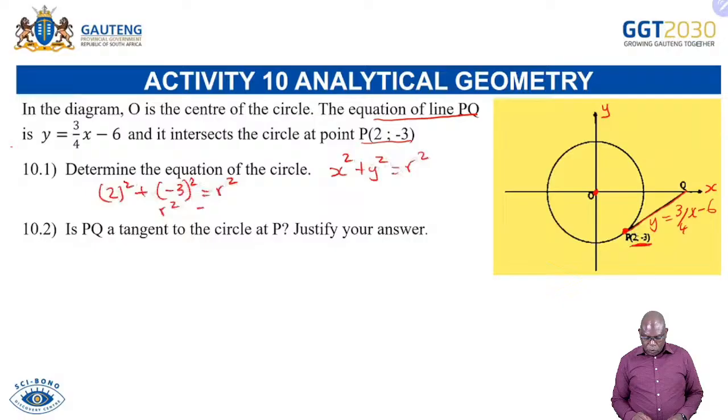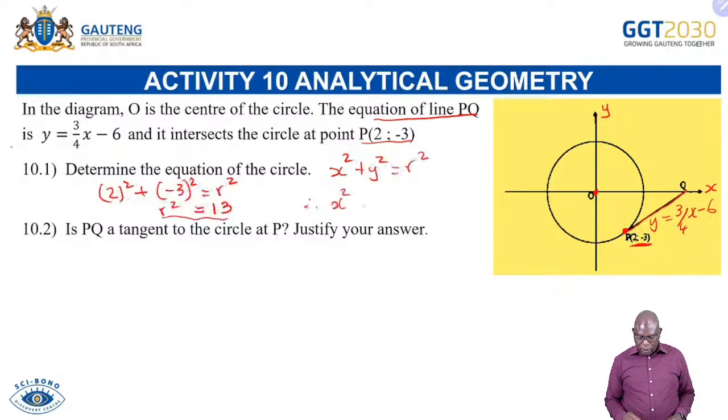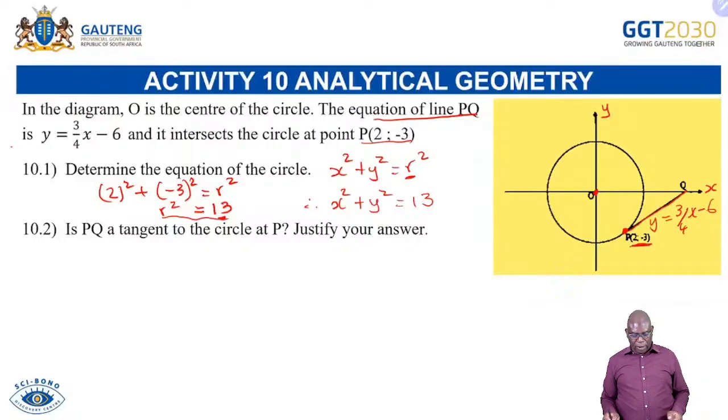So my r squared will be 4 plus 9, which is 13. So the equation of my circle will be x squared plus y squared equals 13. It is not the square root of 13 because it is still r squared here, and here it's r squared, unless you are asked to get the radius, all right?